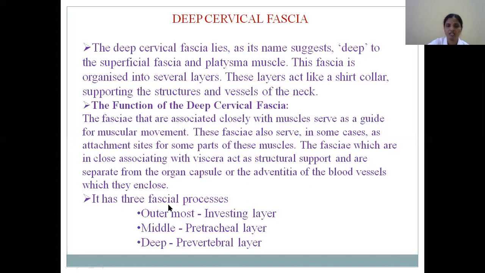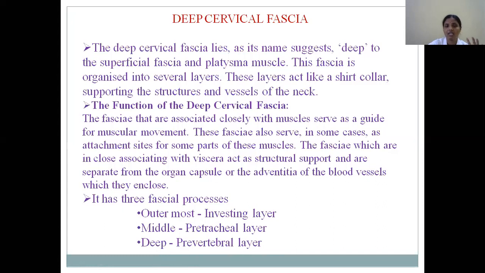Then coming to the details of the deep cervical fascia. Here, the deep fascia is divided into 3 layers. The outer or superficial is the investing layer, the middle layer is the pretracheal layer, and the deep layer is the prevertebral layer. These names are given according to the origin and where it is going, where it is investing or where it is passing in front.